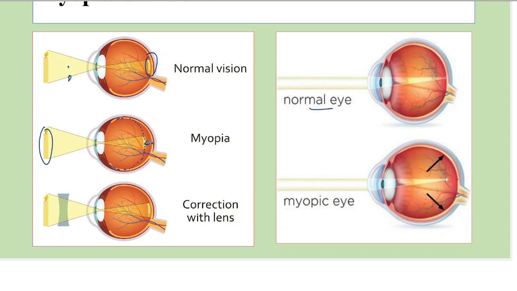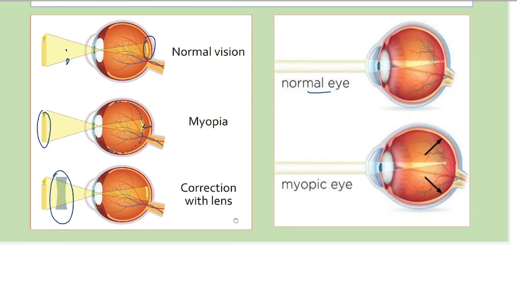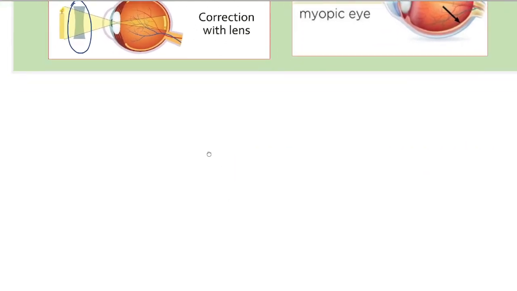But do remember that the light is actually falling on the old position of the retina. Now to correct this, since light is falling in front of the retina, we need to push it away, to divert the light away. For that sake we use a concave lens. So let's try to draw this in a diagrammatic way.